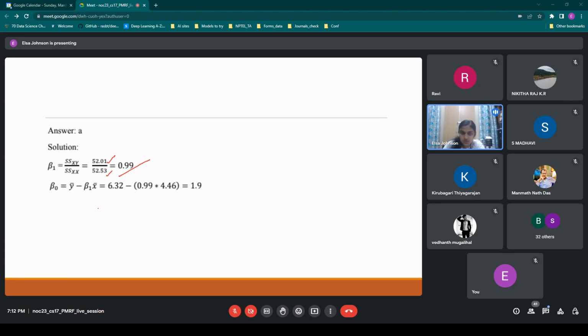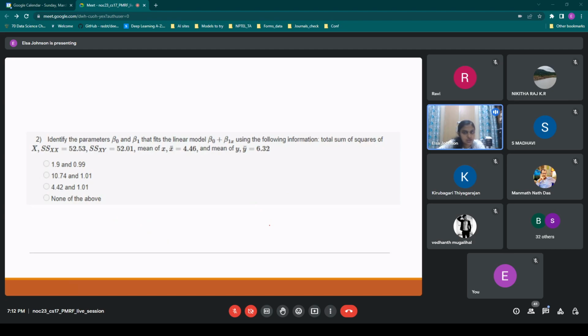Since y equals beta naught plus beta 1 x, and you are provided with y bar and x bar values, beta naught equals y bar minus beta 1 times x bar. Somebody has told the answer as a, so that is fine.